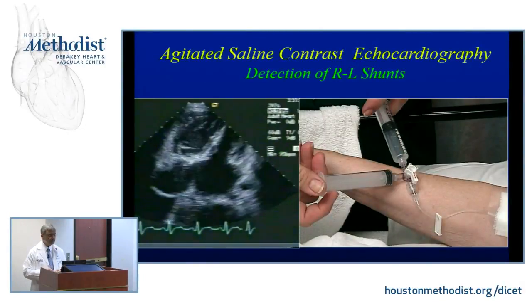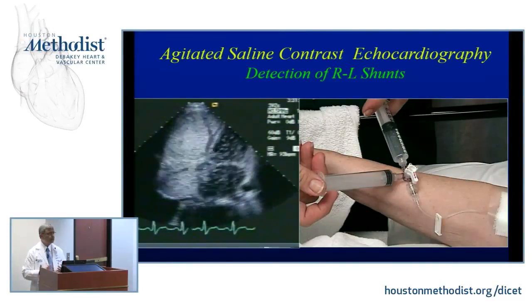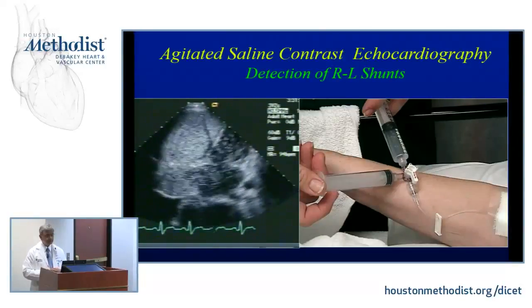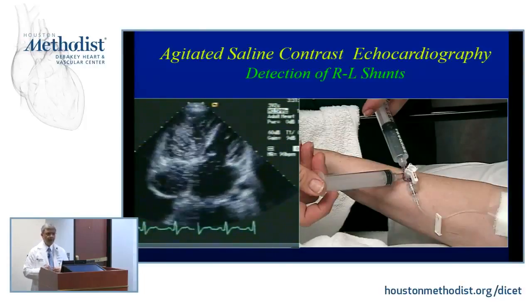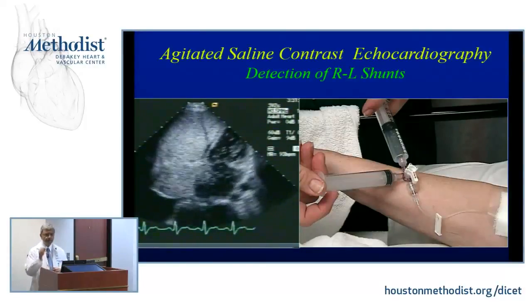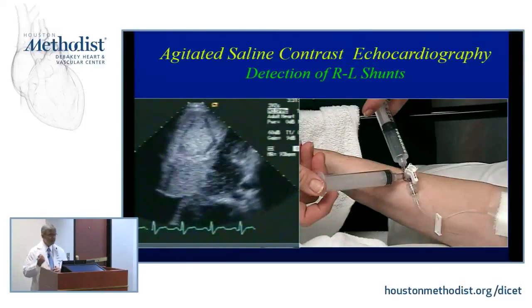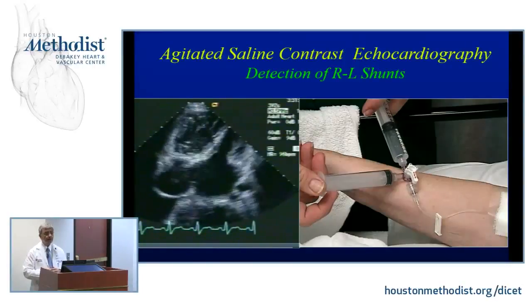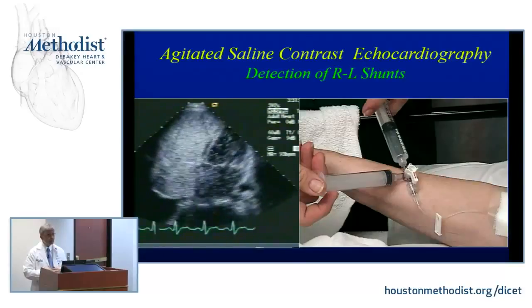Most often, traditionally, we've used it to detect any shunting, either intracardiac or intrapulmonary. If you agitate any fluid and you have these microcavitations, or even put a little tiny air and then mix it, you have these microbubbles that are about maybe 10 microns or so. And 10 microns for the body is rather large.